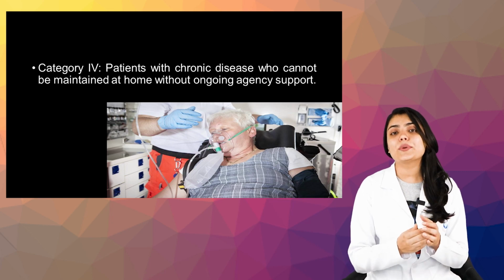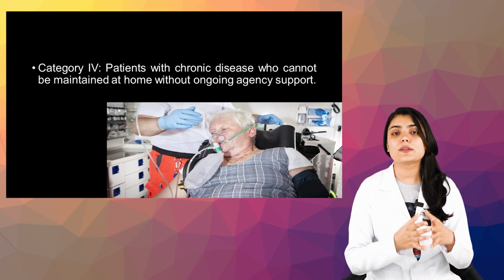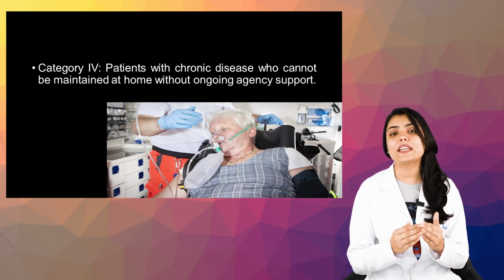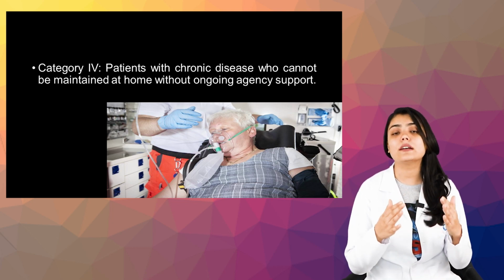In the third category, the goal of the nursing professionals or the healthcare professionals is maximum rehabilitation of the patient with the agency support, which means the patient can improve their functioning with the support of the medical team. The fourth category in the pro-type evaluation system includes the patients who are suffering from chronic disease who cannot be managed without ongoing medical support.